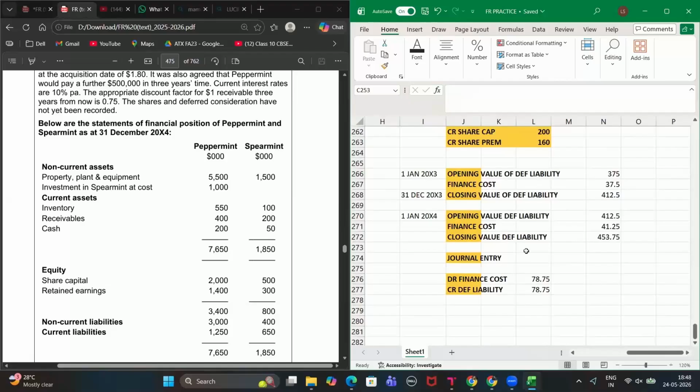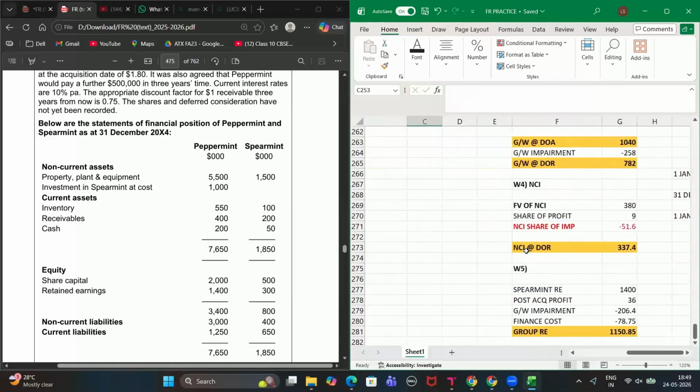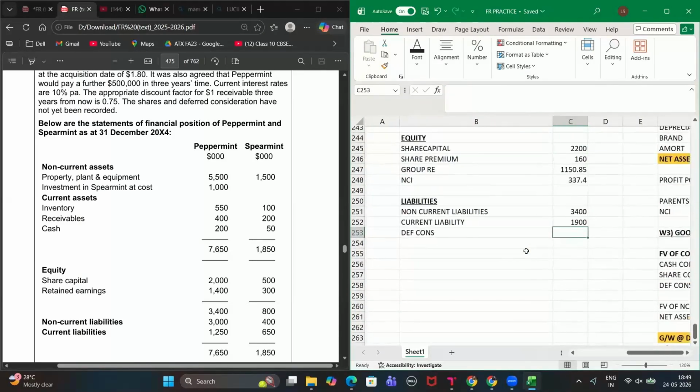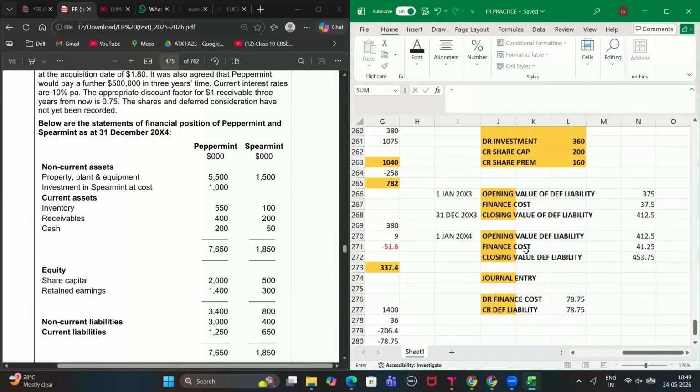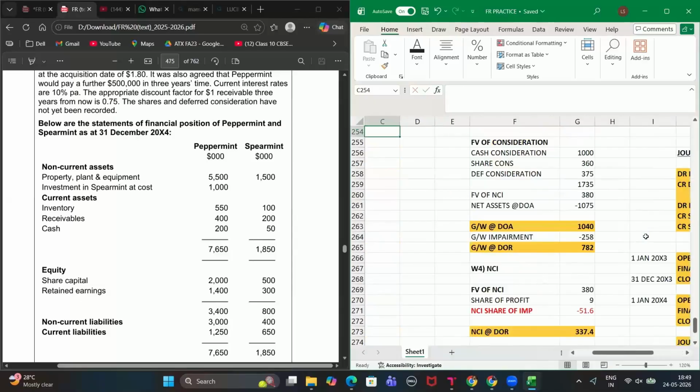What is the closing value of deferred liability here? Tell me, guys. It is equal to 453.75.